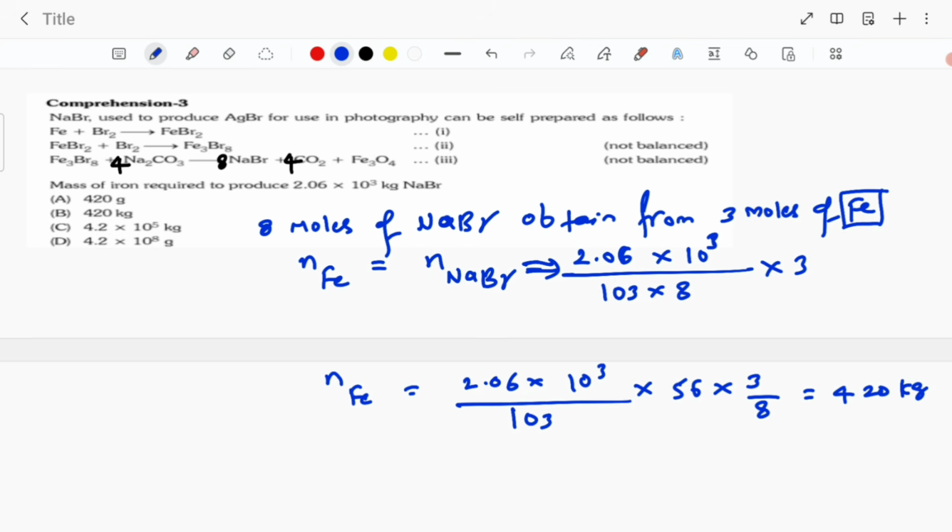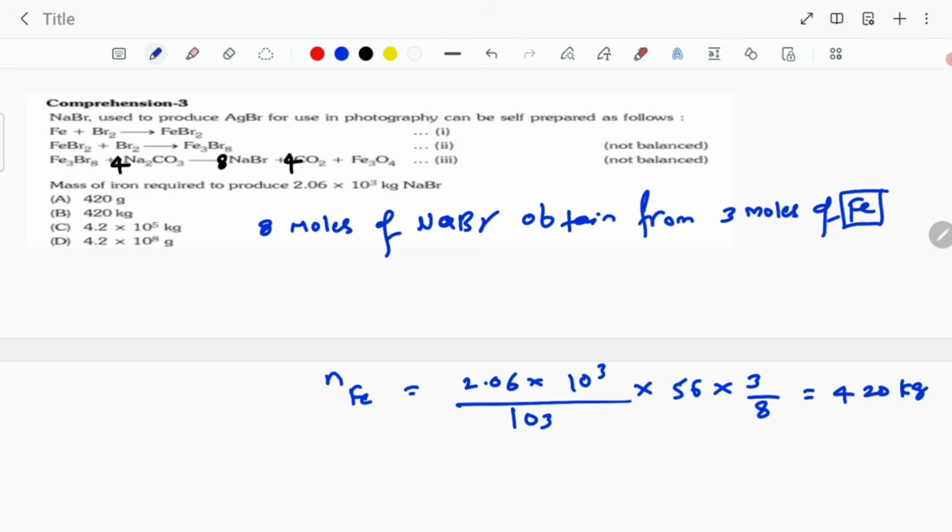How are you getting this? With this relation I wrote. General calculation you can do. Even instead of this, suppose you are confused with this step, do like this. 8 moles of NaBr are obtained from 3 moles of iron. Now how much NaBr is given here? 2.06 into 10 power 3 kg. In terms of kg let it be.